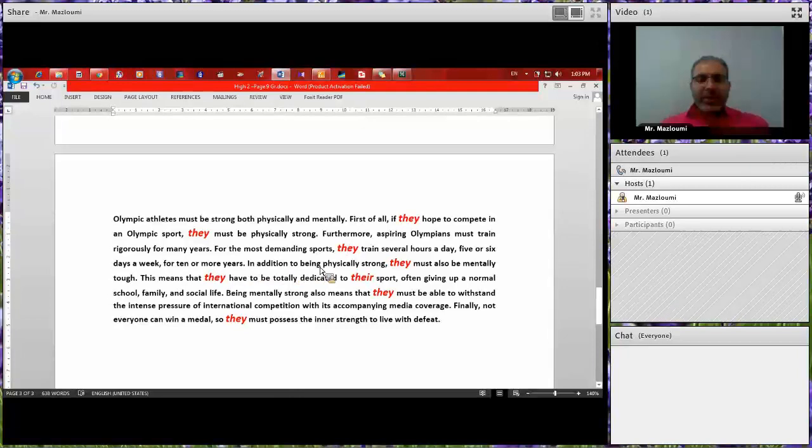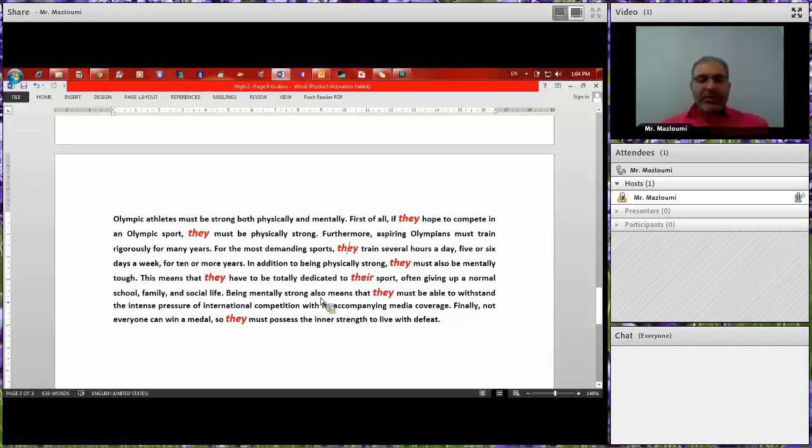In addition to being physically strong, they must also be mentally tough. This means that they have to be totally dedicated to their sport, often giving up a normal school, family, and social life.